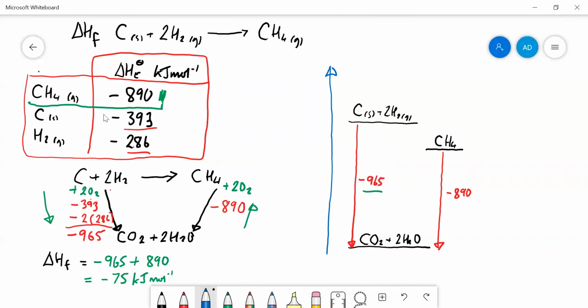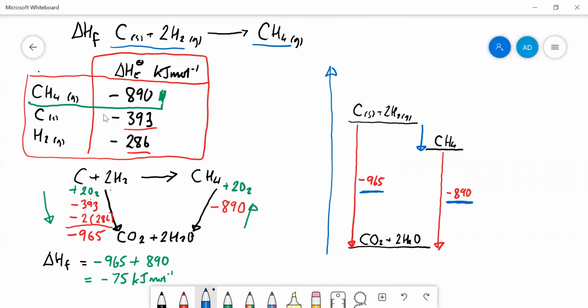Now, what are we interested in? Well, we are interested in the enthalpy change when you form methane from the carbon and the hydrogen. So we're interested in that little blue line there. Now, what's the value of that blue line? Well, all we've got to do is subtract 890, not worrying about the sign, from 965.